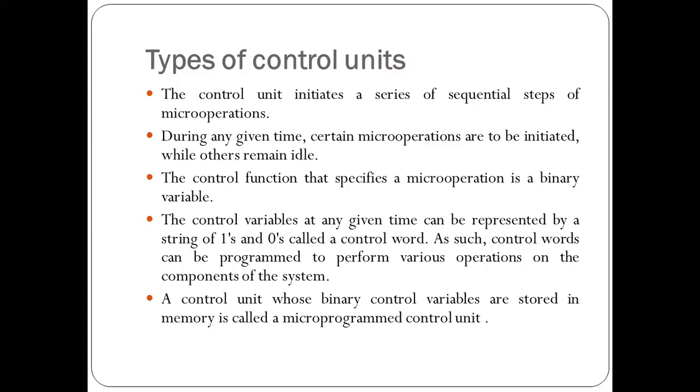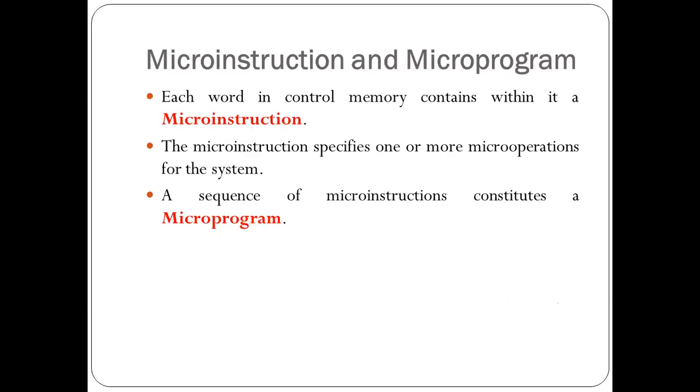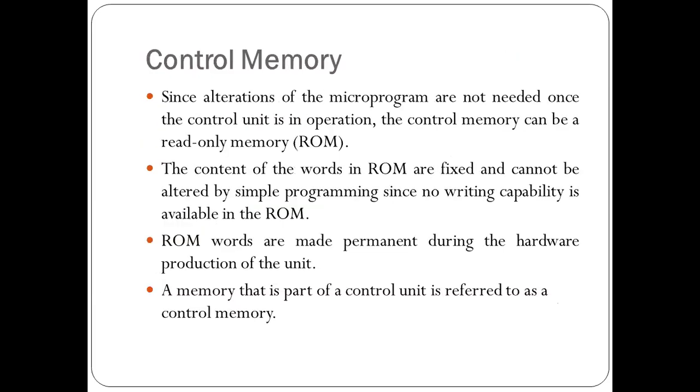Basically, whenever a microprogrammed control unit is organized, we will have two types of memories. One is main memory, another is control memory. Control memory will hold all the microcode, which we call the microprogram. Usually it should be a memory which is not altered by the user, only by the designer.